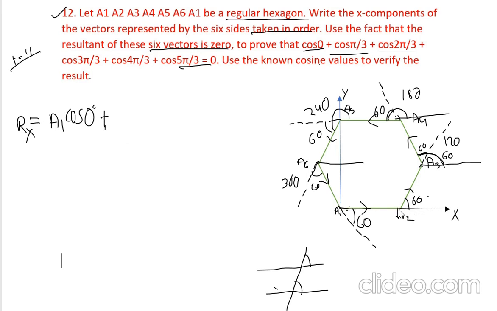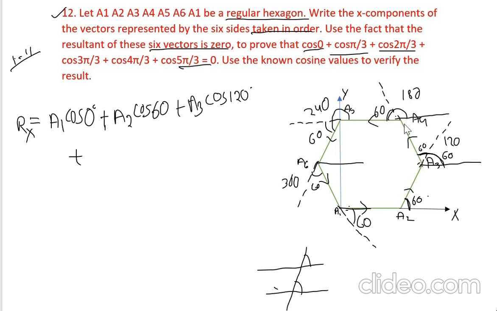Similarly, this is our A2 vector, this makes an angle 60 degree with the x-axis, so I write it as A2 cos 60. And now this is our A3 vector, which makes an angle 120 degree with the x-axis, so I write A3 cos 120 degree.